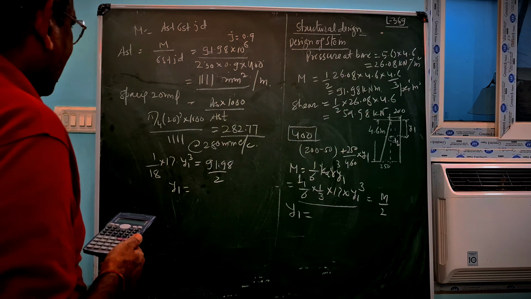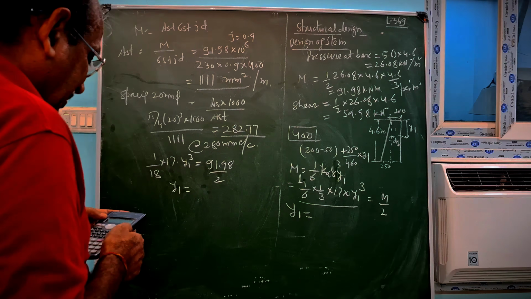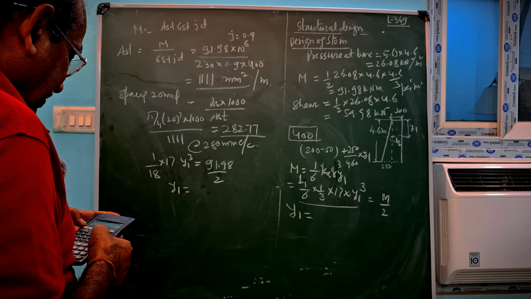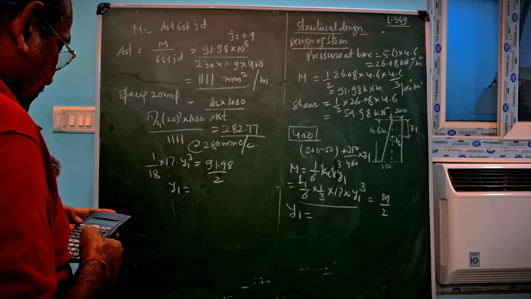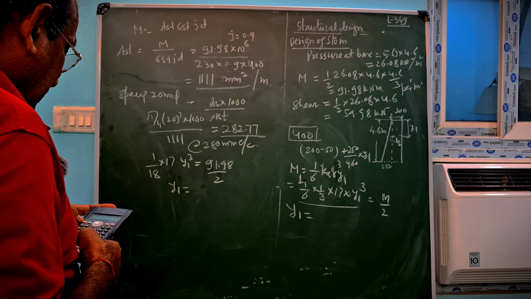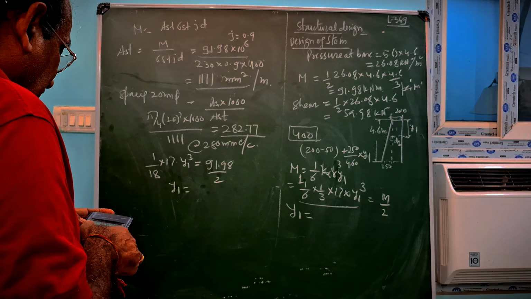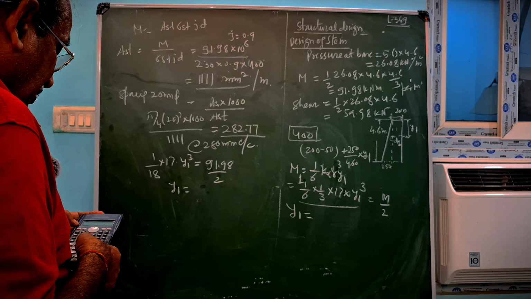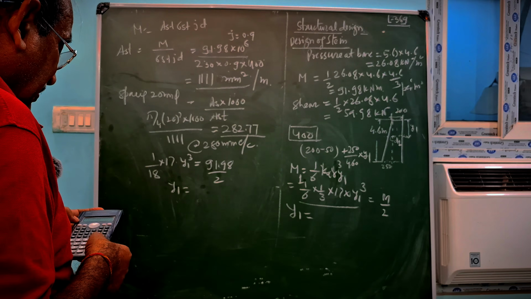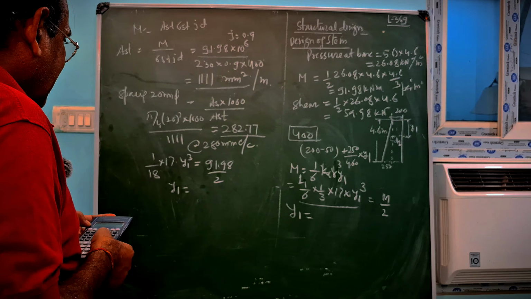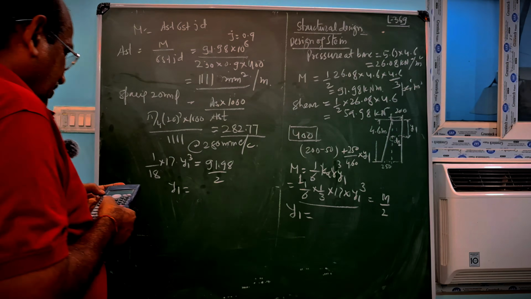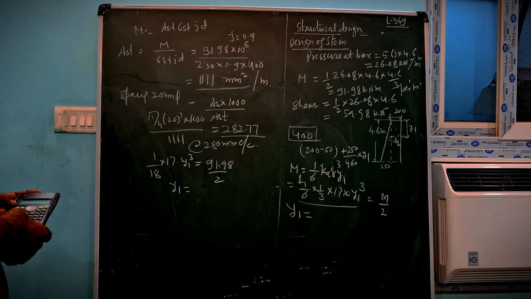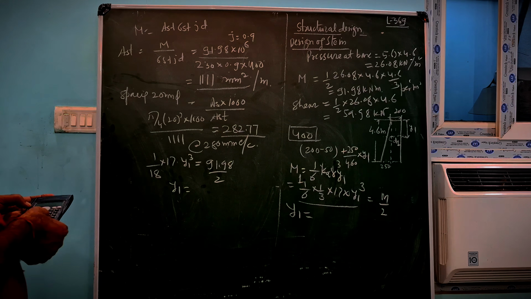So this is 91.98 divided by 2 into 18 divided by 17.